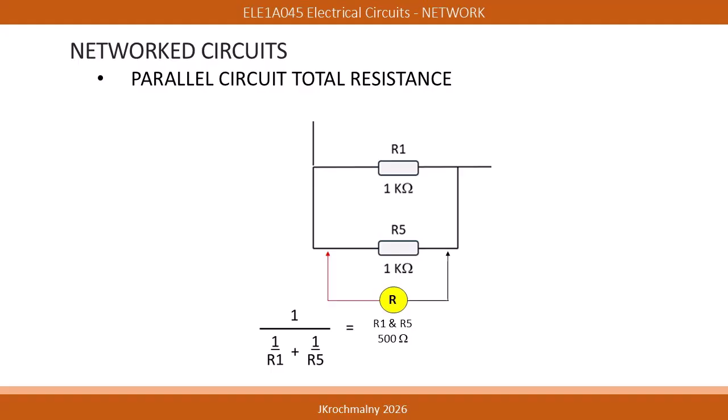Refreshing our memory referring to parallel electrical circuits, the formula of 1 divided by (1 divided by R1 plus 1 divided by R2) is used to determine this parallel circuit's total resistance.